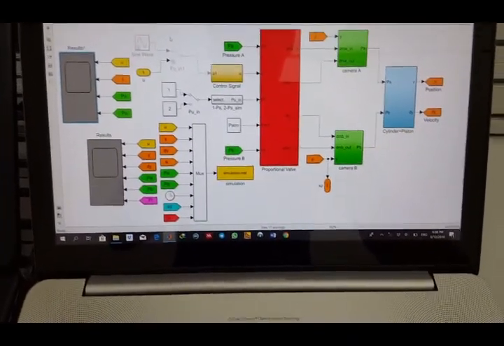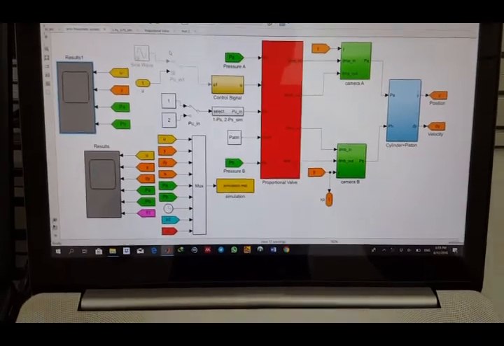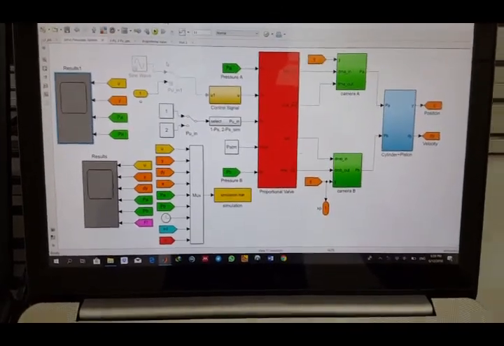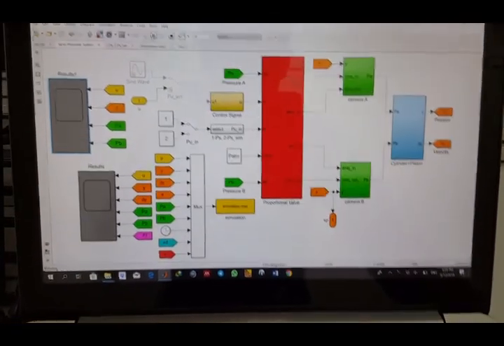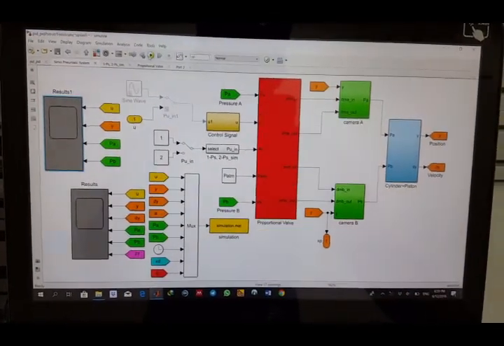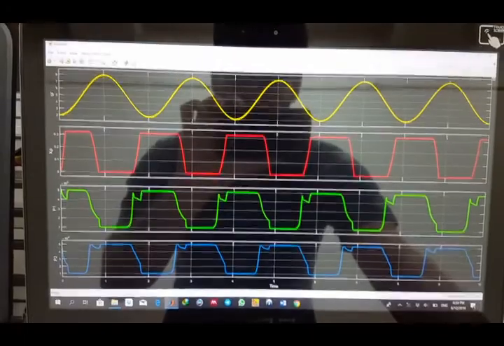First, we insert a test control signal in the form of a sinusoidal wave to our system, to our model. We run the model and we can see the responses of the model.